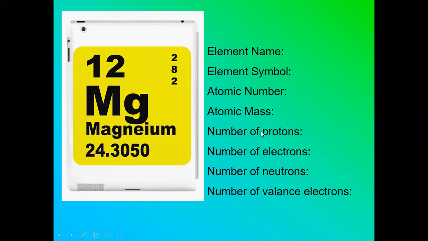When you do your number of neutrons, you just take your atomic mass and you subtract your number of protons. If you need more time, you can pause the video, because I'm going to give you the answers on the next slide.